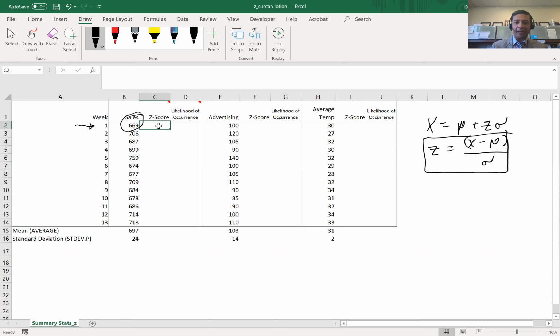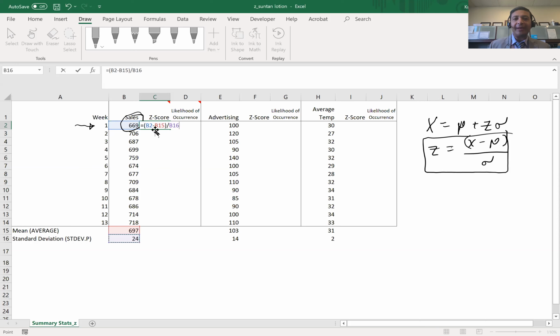When you compute that, you do equals, and then you have the B2, which is your X minus your mu, and you would want to put this in parenthesis, divided by your sigma, the standard deviation 24, which is your B16.